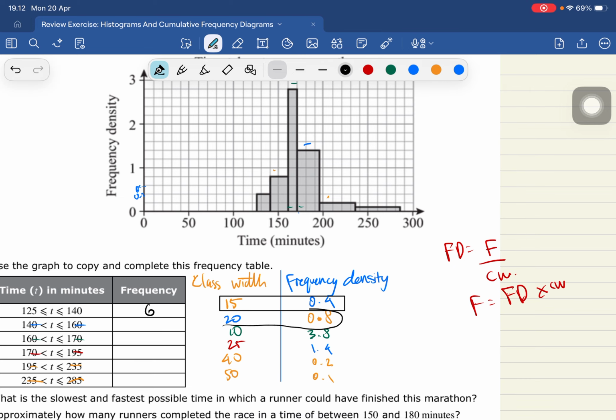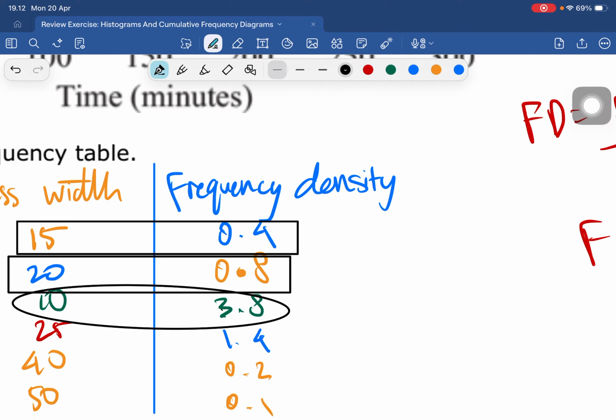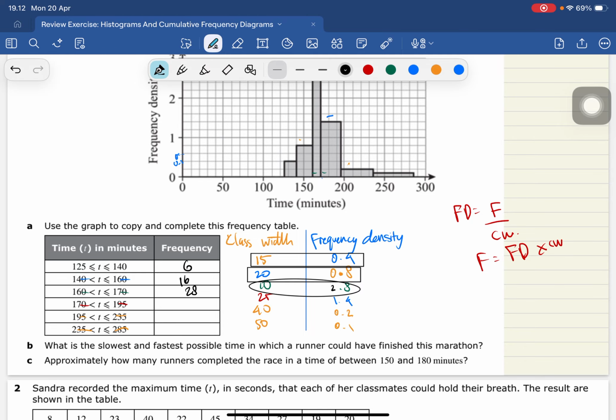Next, 20 multiplied by 0.8 is 16. 10 multiplied by 2.8 is 28. 25 multiplied by 1.4 is 35. 40 multiplied by 0.2 is 8, and the last, 50 multiplied by 0.1, is 5.